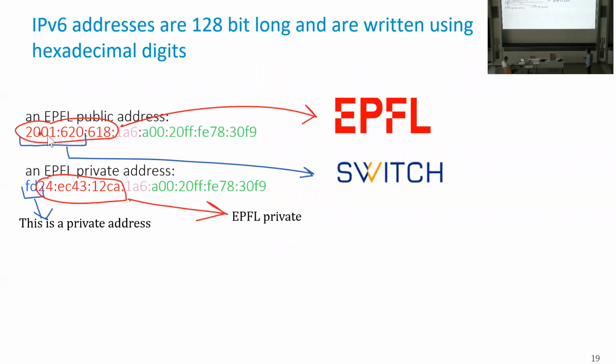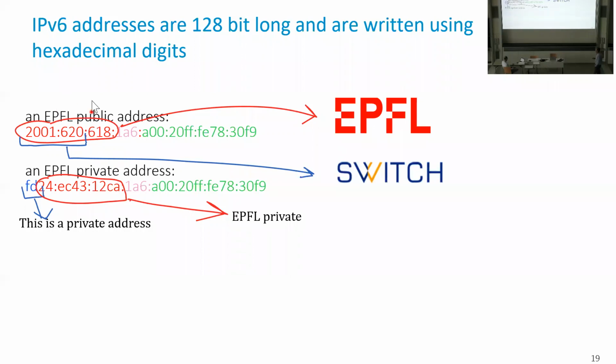It starts with 2001:620:618, and we see that 2001:620 is in fact a prefix that is allocated to our service provider, SWITCH. So that's an example of an IP address that we have obtained from a service provider, and the service provider is visible in the address. 618 identifies EPFL.